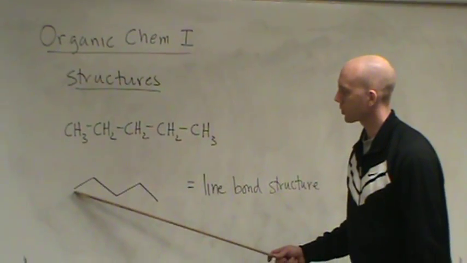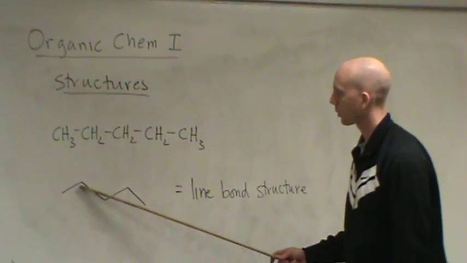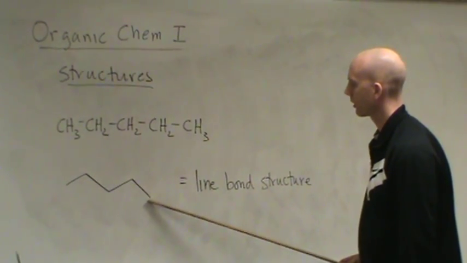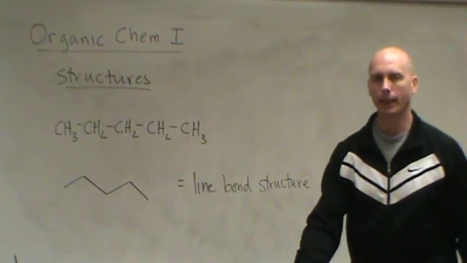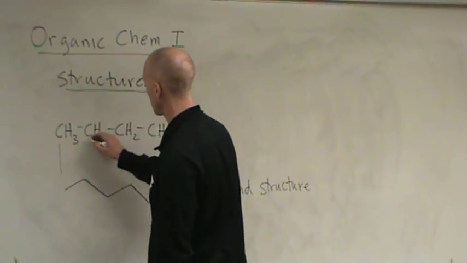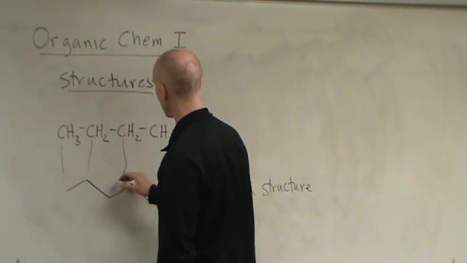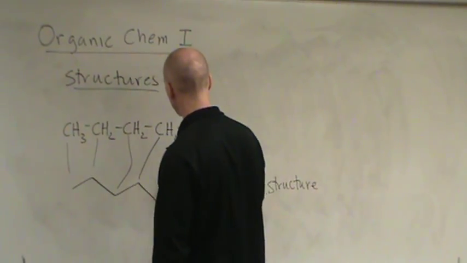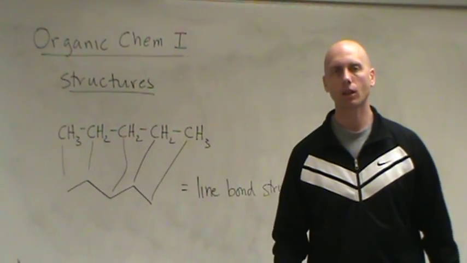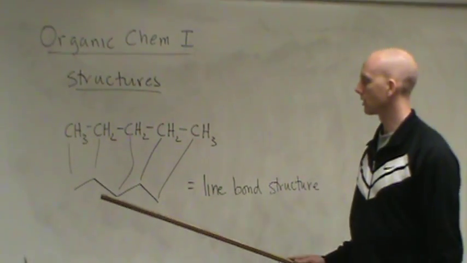At the end of each line, or at a peak or a valley, those represent carbon atoms. Okay? So I have a carbon, carbon, carbon, carbon, carbon. Okay? So those are my 5 carbon atoms.